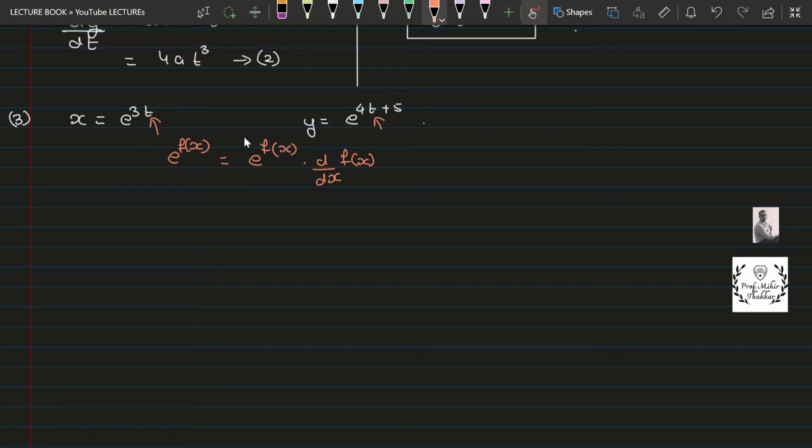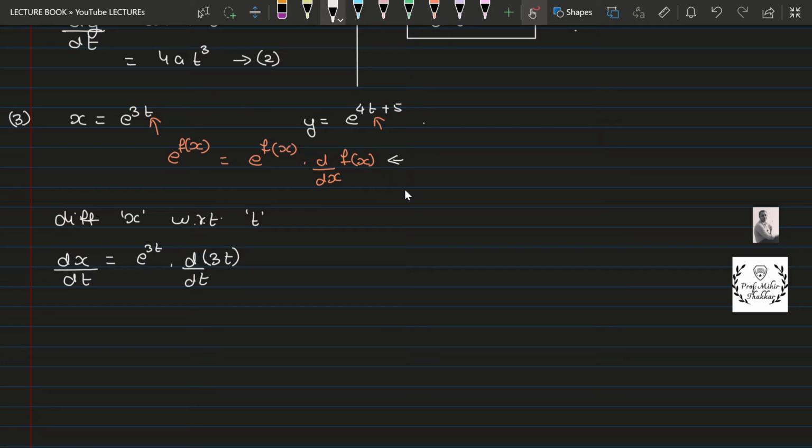So when we differentiate this, I have to write, differentiate x with respect to what? With respect to t, because the variable is t. So dx by dt is equal to e to the power 3t multiplied by derivative of 3t, like we did in the given formula.